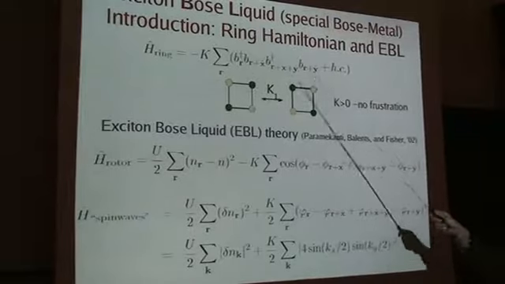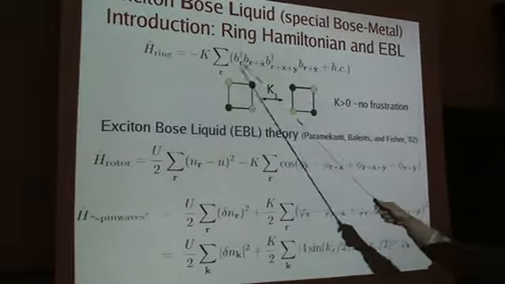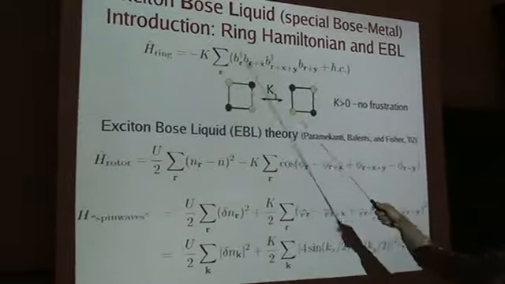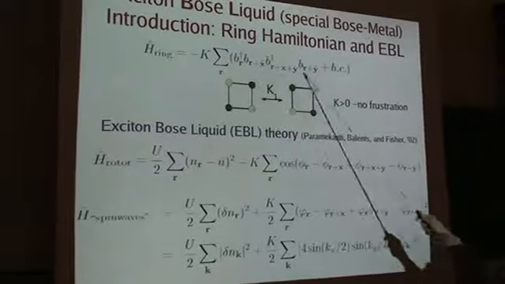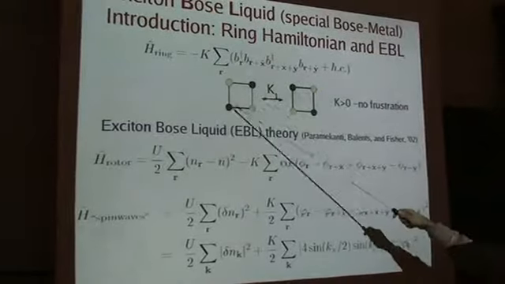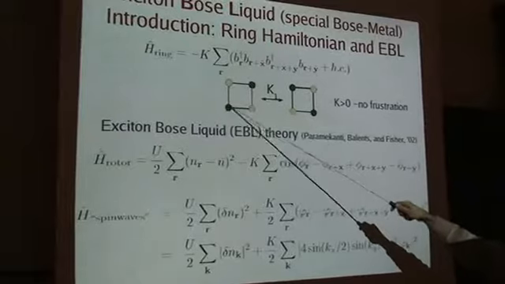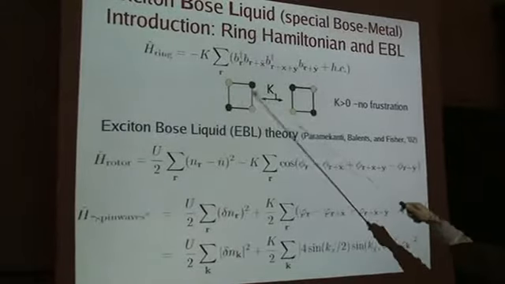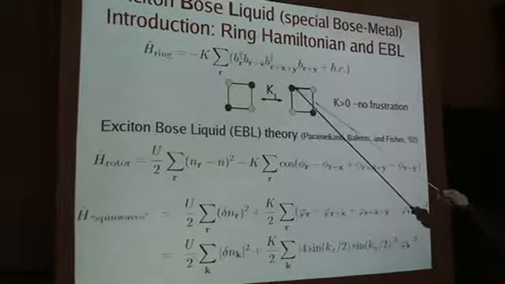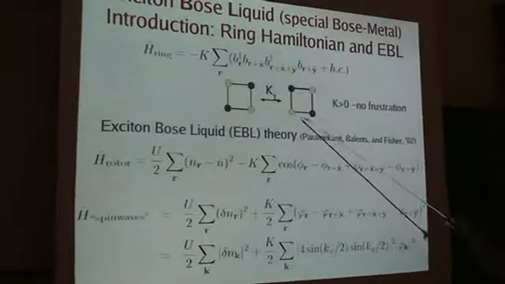So here I wrote down some hardcore boson model, and this ring exchange term operates by hopping two bosons on the opposite corners of the square to the other two opposite corners.